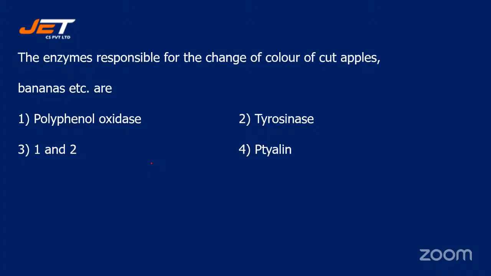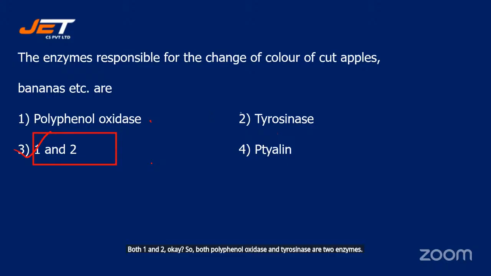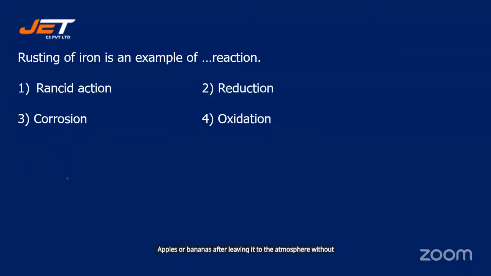Option 2. Okay, let us see which is the right option. Both 1 and 2. So both polyphenol oxidase and tyrosinase are the two enzymes which are responsible for that brown color of the apples or bananas after leaving them in the atmosphere without protecting them.